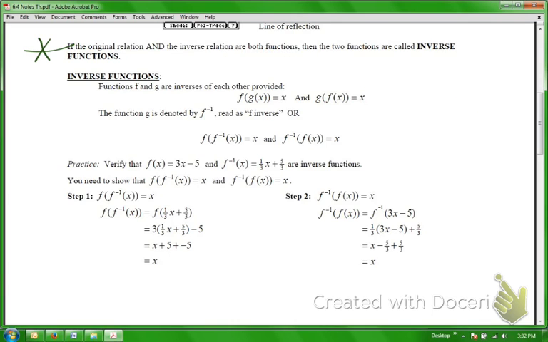So what this is saying is, if the original graph is a function and the new one is a function, then the two are called inverse functions. If one of them is not a function, then they're just called inverse relations. It's kind of a technical point, but you need to know it. It will probably crop up somewhere where you don't expect it.